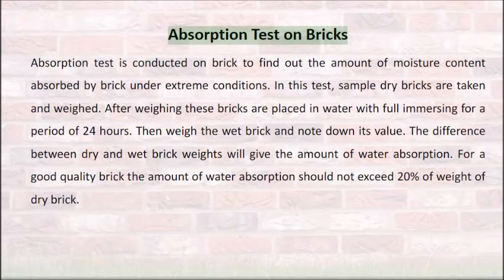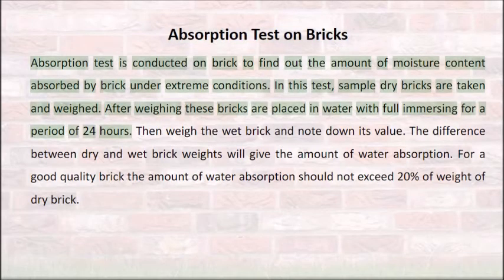Absorption test on bricks. The absorption test is conducted on brick to find out the amount of moisture absorbed by the brick under extreme conditions. In this test, sample dry bricks are taken and weighed.